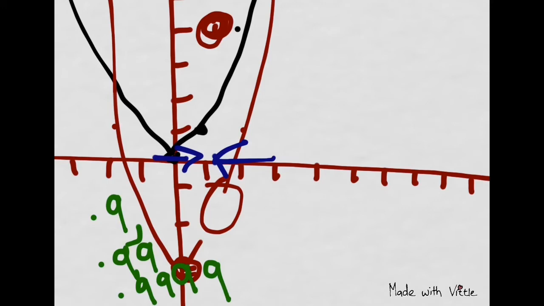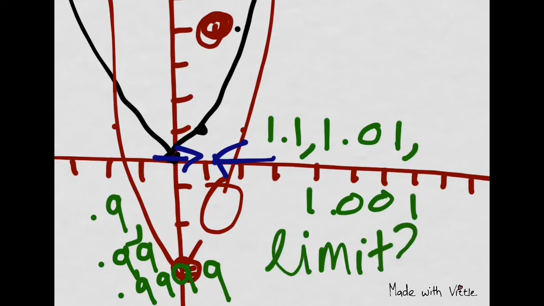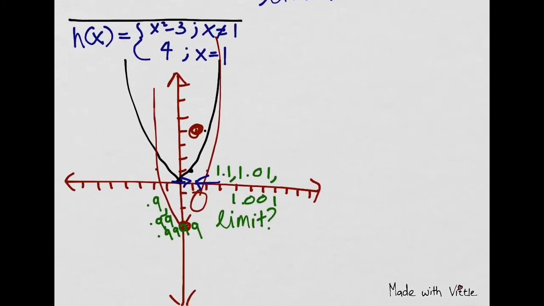You're getting something else when you plug it in, like 0.9 squared minus 3 and so forth. And same thing when you do 1.1, 1.01, 1.001, 1.0001. You can get infinitely closer to 1, as close as you want, as long as you don't actually hit 1. And that will help you find the limit.